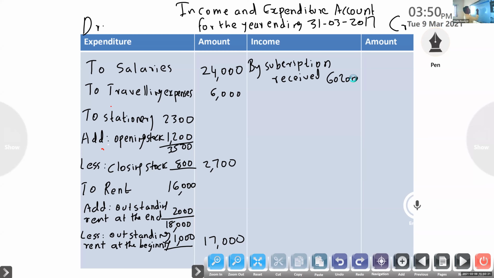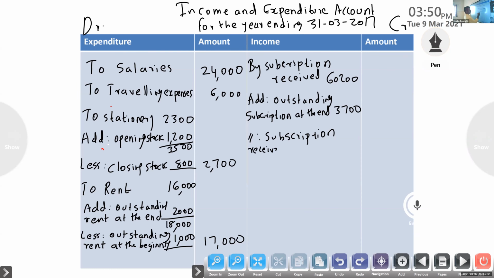Both we have to adjust. We know: add outstanding subscription, add subscription received in advance at the beginning. Next, less the opposite.